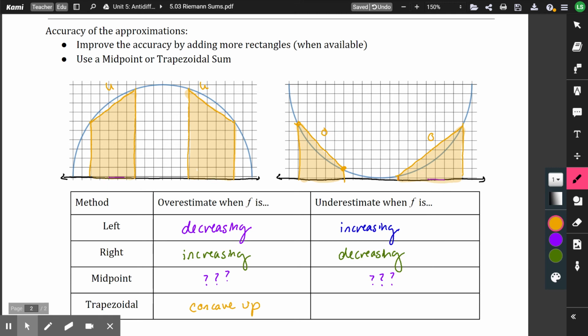The underestimate is going to happen whenever the graph of f is concave down. And again, this is happening because when we pick those 2 points and create a secant line out of them, which basically represents one side of our trapezoid, that's going to end up being below the curve.